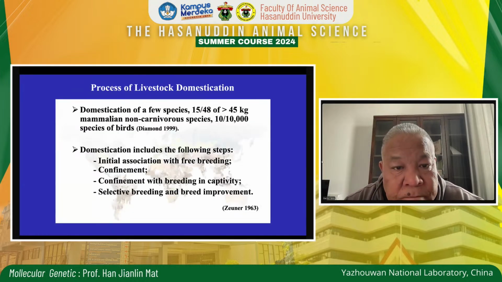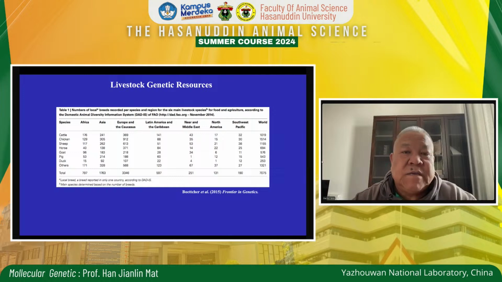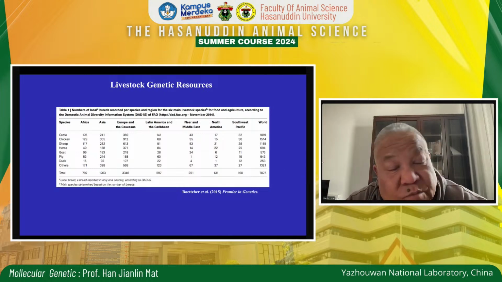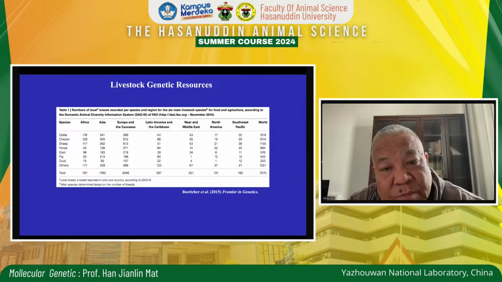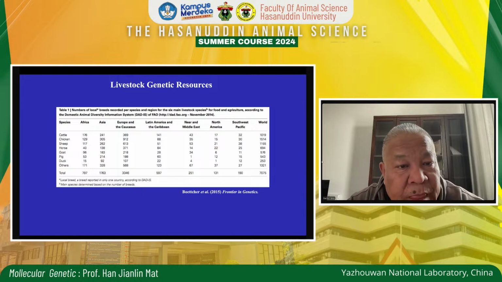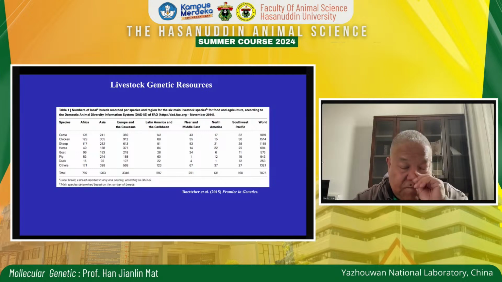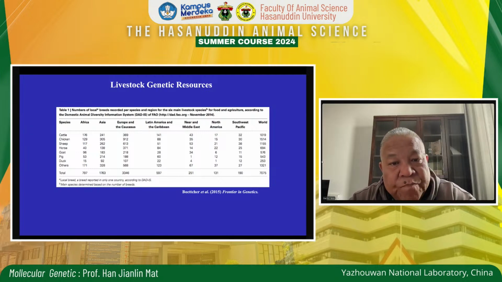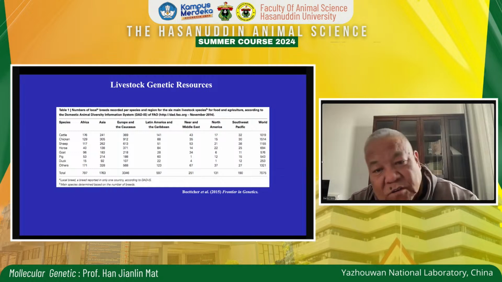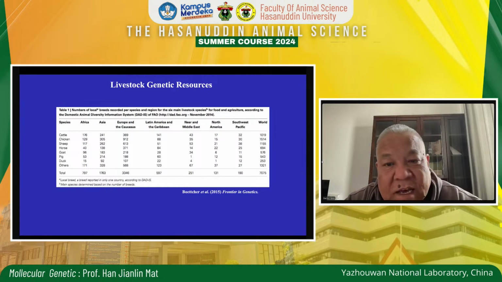And we see this rapid shift of the production system. What would happen? When we have a backyard poultry system in the village, every household may keep a few birds, and across the village, across the island, we may have many different breeds of chicken.